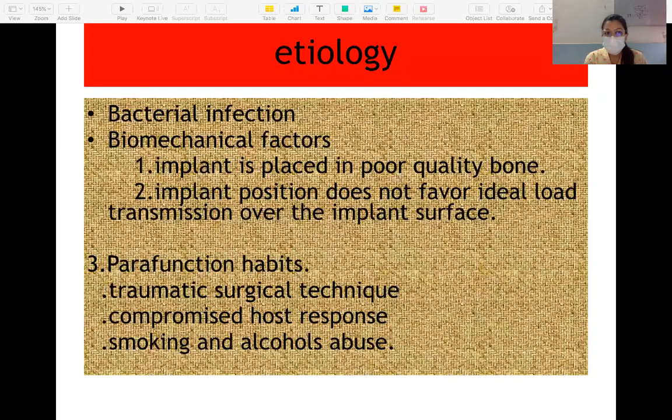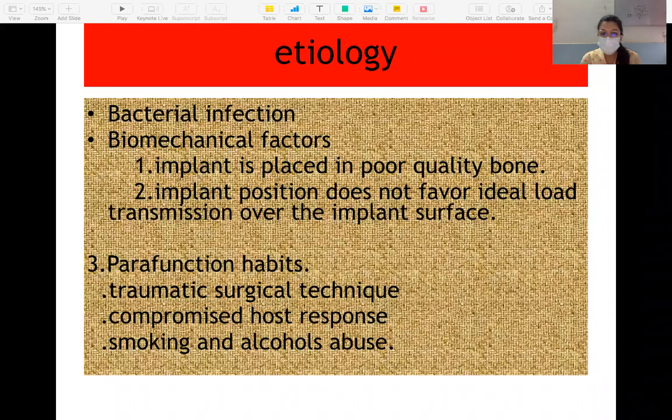The etiology can be bacterial infection, biomechanical factors, and parafunctional habits. These are the main categories of cause of development of a peri-implant disease. The implant may survive, but mainly a peri-implant disease develops. So bacterial infection.